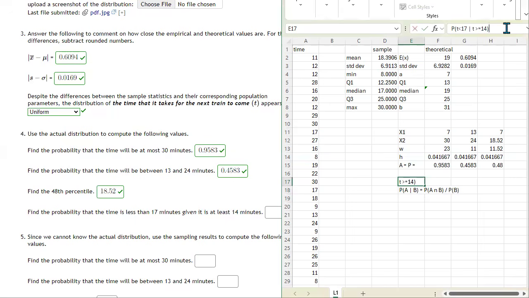Okay, so let's go back up here. We're going to write this as equal to the probability of A and B, right? So A is t less than 17 and t greater than or equal to 14, divided by the probability of t greater than or equal to 14, right?